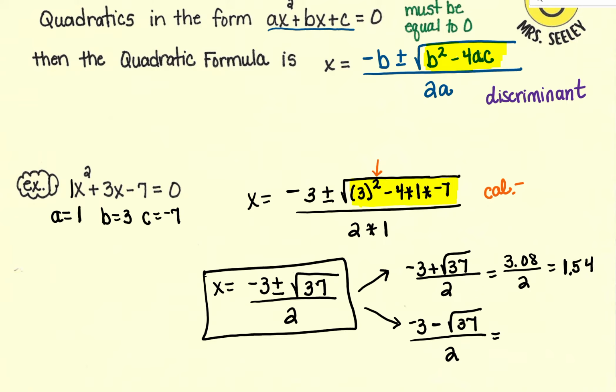And that's if your teacher wants it that way. Then you'll go negative 3 minus the square root of 37. Hit equals to get that decimal to a couple places rounded. It's negative 9.08 divided by 2 equals negative 4.54. Like I said, usually that's only if it's a word problem. Maybe it's time and you want to know it was 1.54 seconds, that kind of thing.